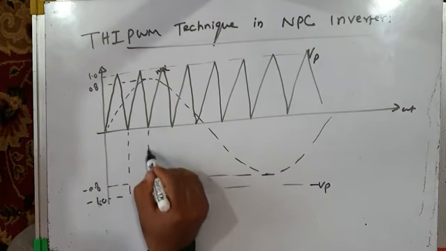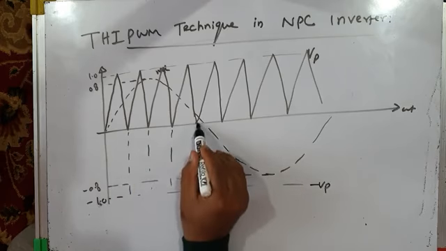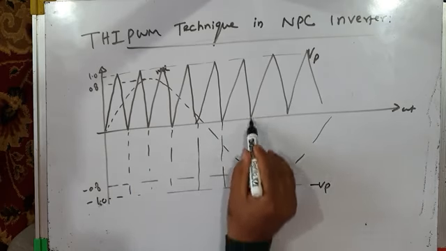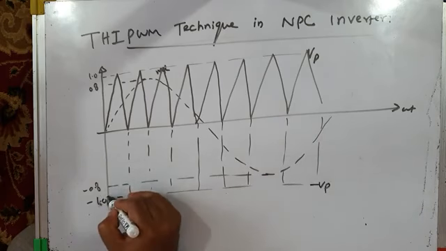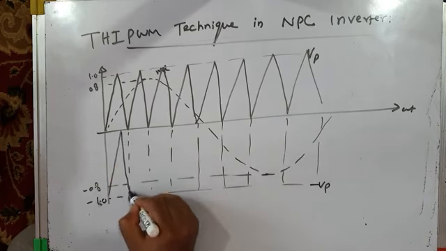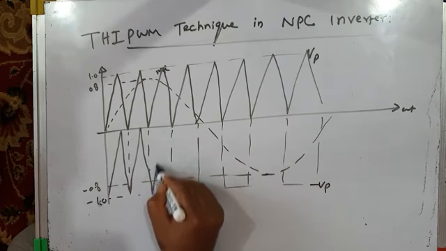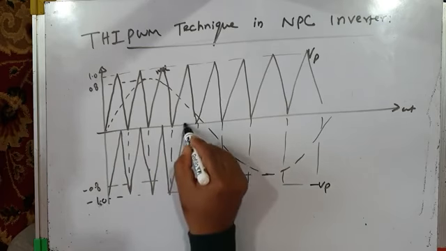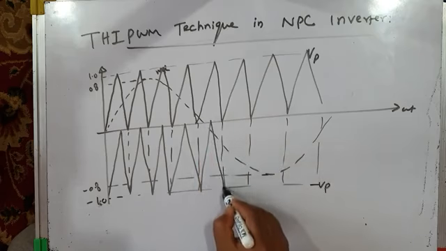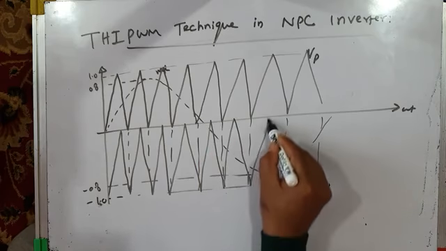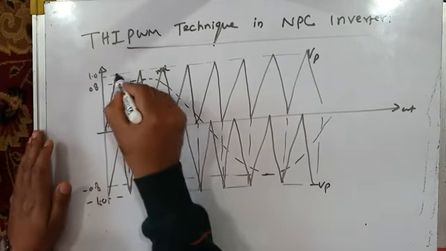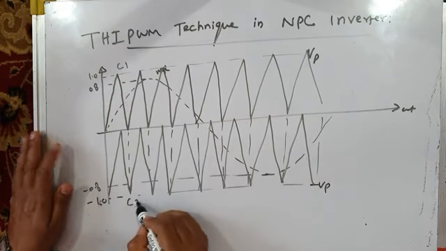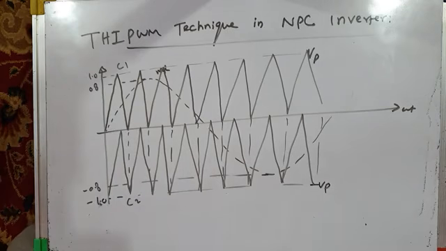I'm taking less number of carrier cycles for better understanding. Drawing inaccuracies are regretted. So this is carrier C1, this is carrier C2, and they are level shifted but in phase.